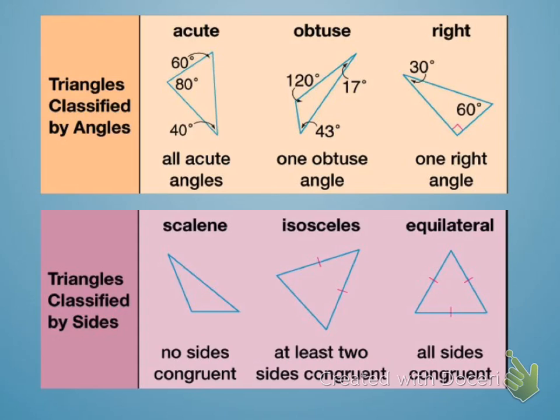Another slide that just kind of summarizes all of it. So if you're still getting stuck on how to classify, I think this would be the one that would be most beneficial to pull up.